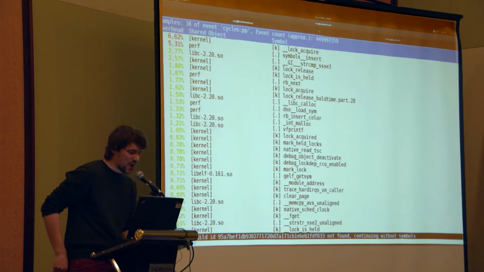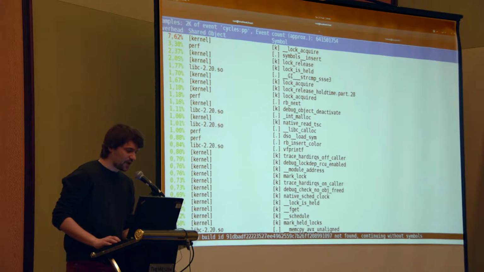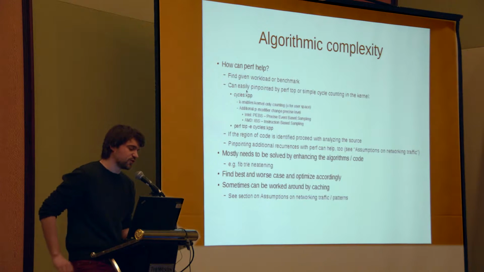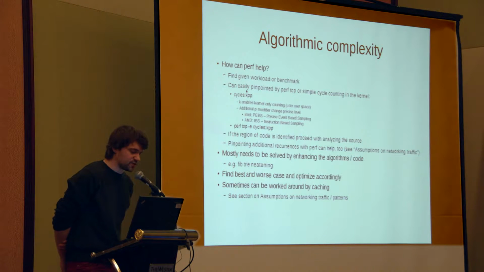So that's basically how you do it. There's a modifier also for k, which says that you only want to enable kernel-only accounting, but it does not make a lot of sense for cycles. You can just try to clean up your perf top display a little bit with it.